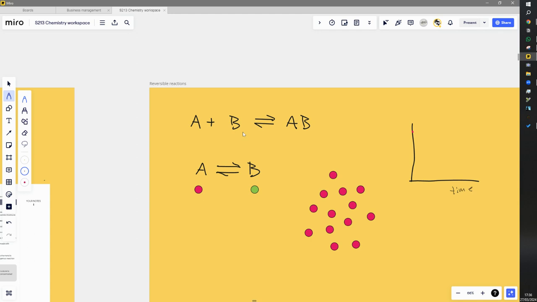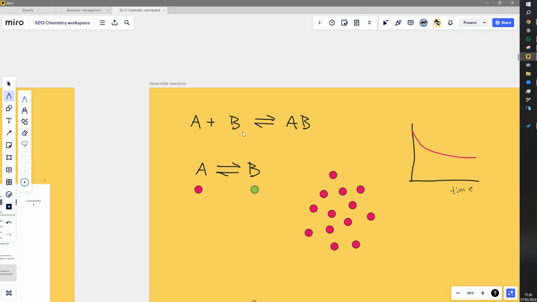The rate of reaction for A starts very high, but as the amount of A changes into B, there's less A to react, and so it's going to drop. As that continues, it keeps dropping, but the rate at which it drops reduces. Eventually, it'll reach a flat line.